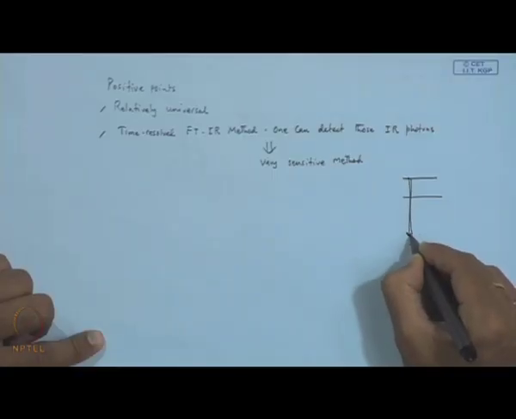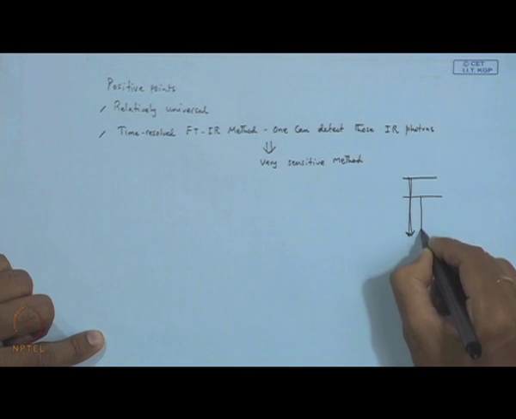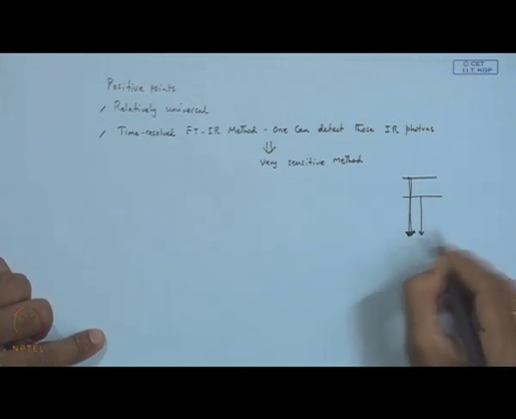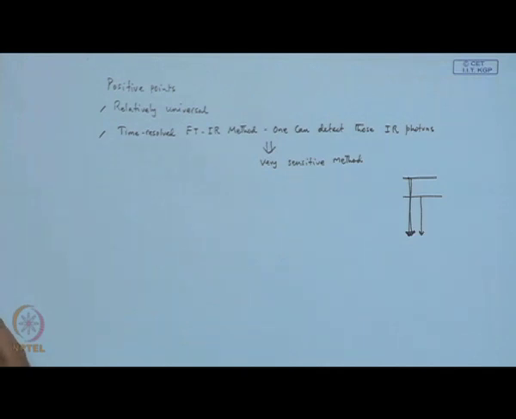If this higher level is more populated, then chemiluminescence from this level will be more intense compared to maybe that level. So from the intensity distribution, you can get the idea of the population of this level.